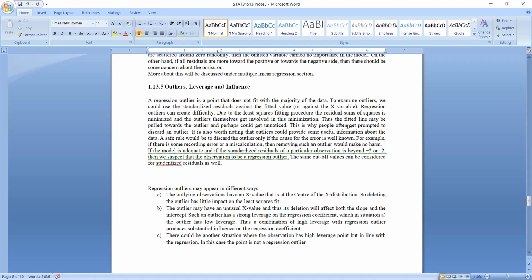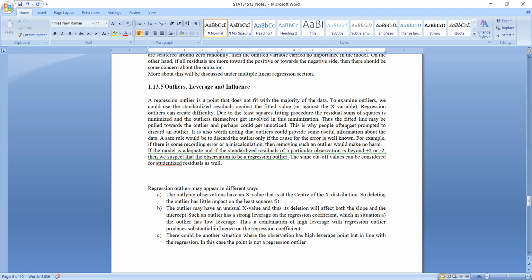Let's say the average weight value is somewhere around 45, but there may be a student whose weight value is equal to, let's say, 35. And there may be a student whose weight value is equal to, let's say, 80. So these two are very extreme points. So we call them the outliers.